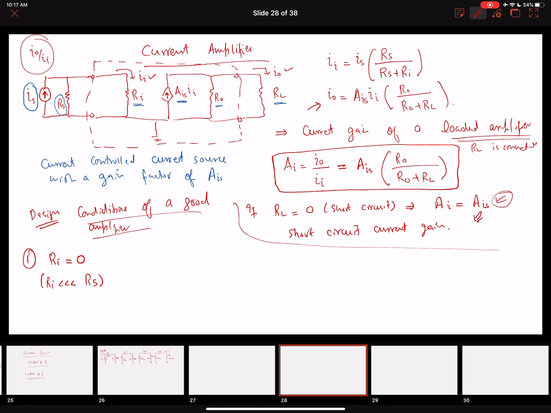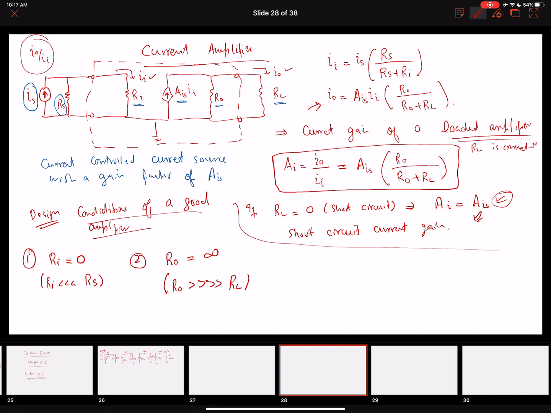stage of an amplifier. And our second condition will be that our output resistance R naught should be as high as possible so that all the current will flow through the load. So R naught will be equal to infinite, which means that R naught should be exceptionally larger than the load resistance.